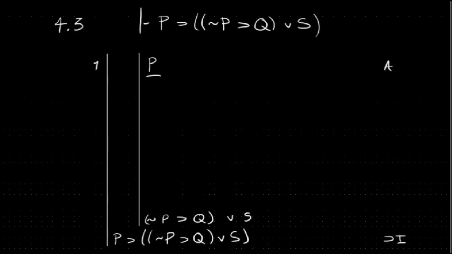So how might we have gotten not P then Q or S? Well, again, its main operator is a disjunction. So let's try with a disjunction introduction. So we would have needed either not P then Q or S, just on their own here.